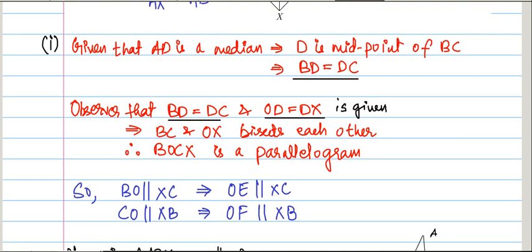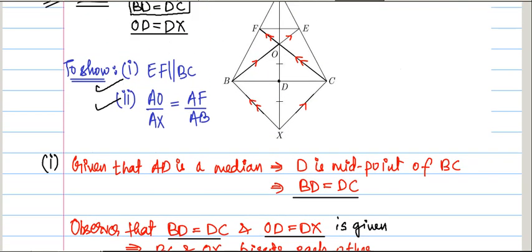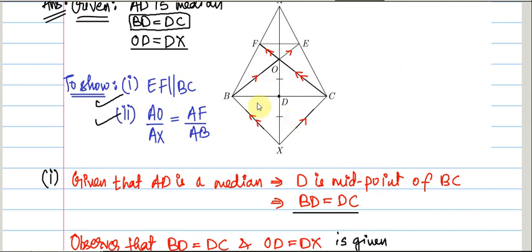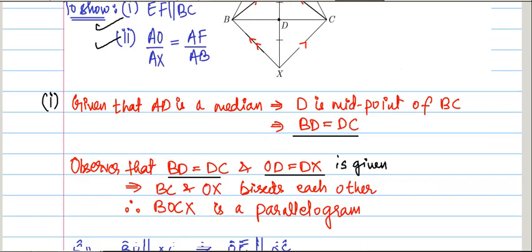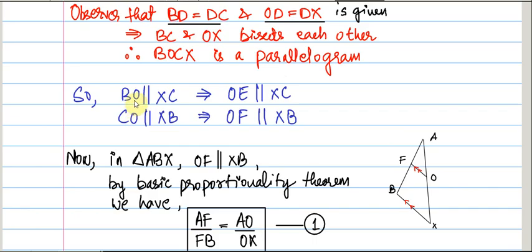Now BOCX is a parallelogram, so the opposite sides are parallel. So OC is parallel to BX, OB is parallel to CX. This is what I have written over here: BO is parallel to XC and CO is parallel to XB.